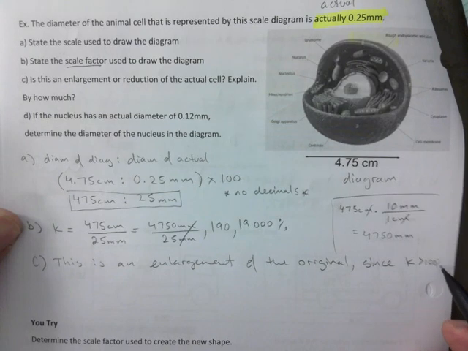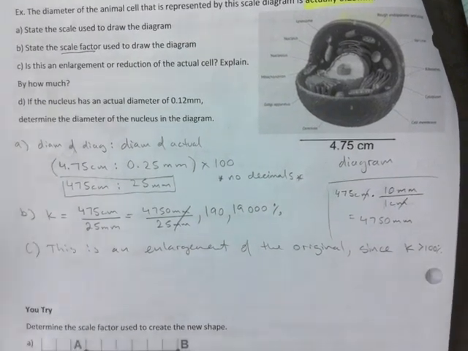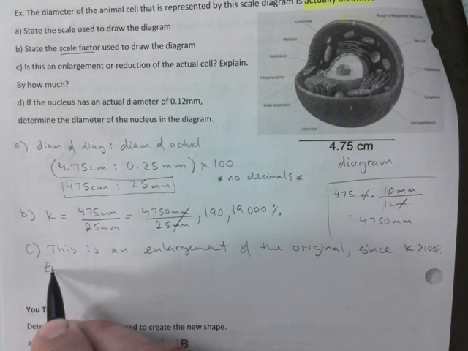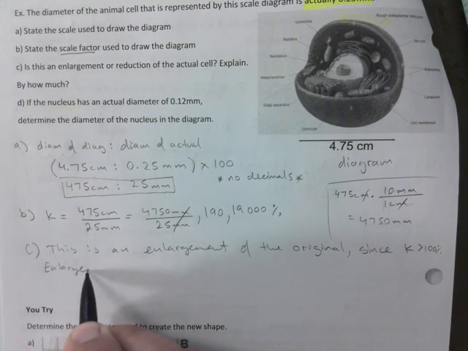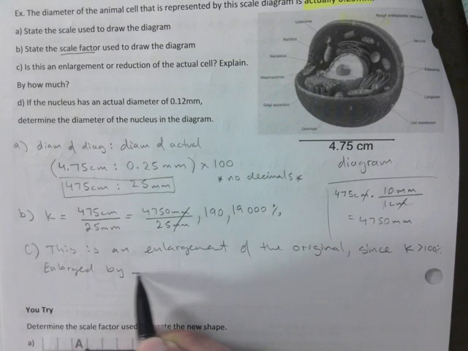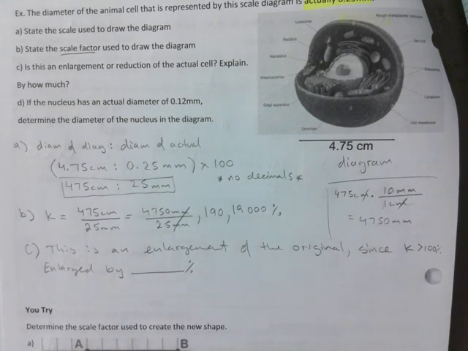You can absolutely use that. Just K is greater. If you want to write it out in words, go for it. But K is greater than 100%. And then we'll say enlarged by some percentage.